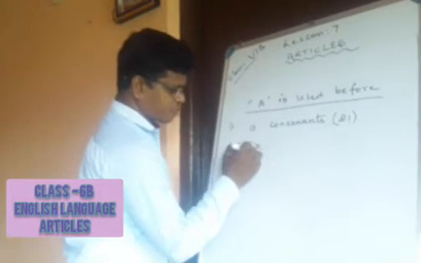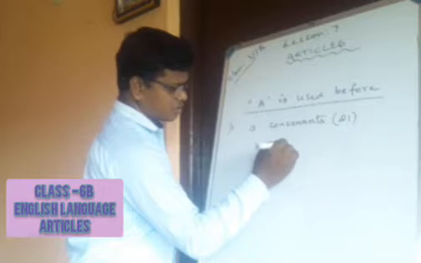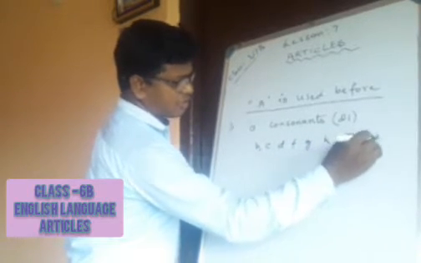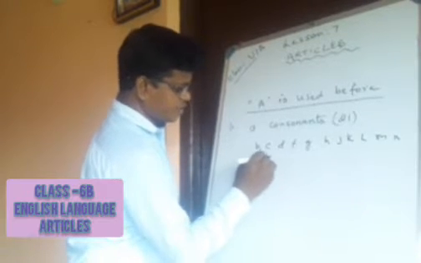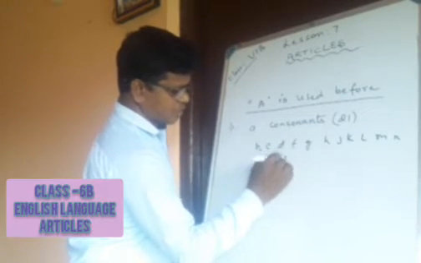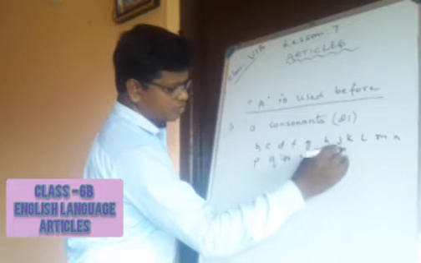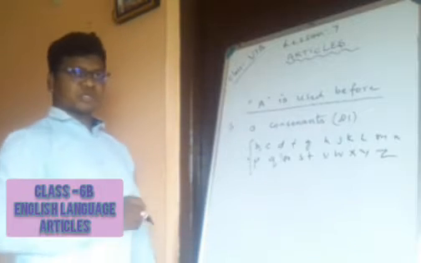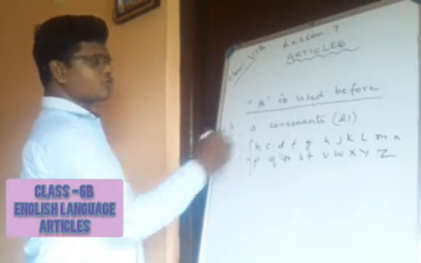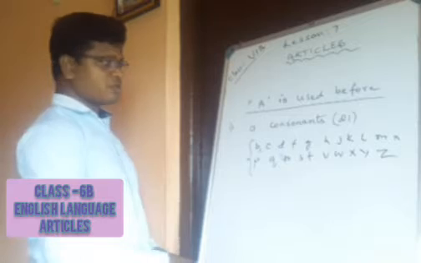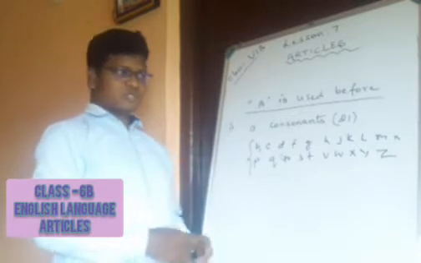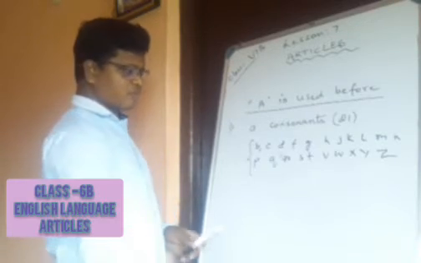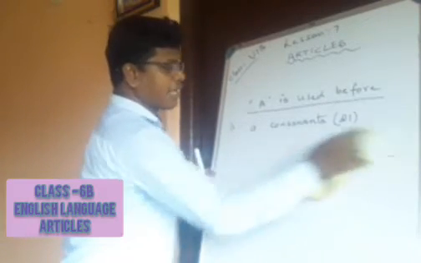Those of you who do not know them: B, C, D, F, G, H, J, K, L, M, N, P, Q, R, S, T, V, W, X, Y, and Z. All these letters are consonants. So before the consonants, whichever consonant it is, we use a before it.